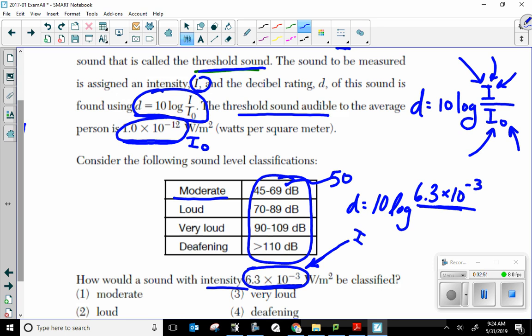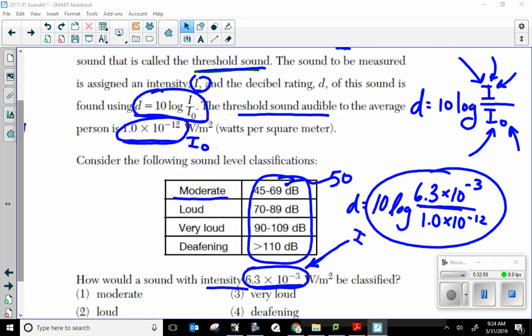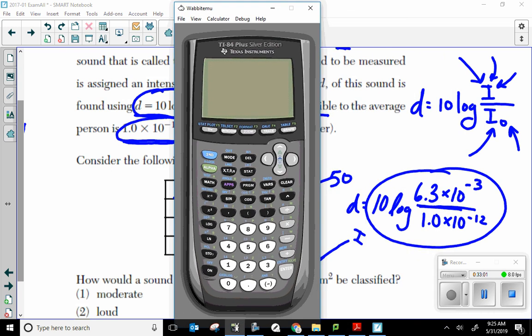At the bottom, it's our I sub O, which is 1.0 times 10 to the negative 12. I am literally going to put this in the calculator and hit enter. If you get past all this mumbo jumbo and words, there we go. It's really a simple problem. You just got to get through all this reading. 10 times the log, and I got a fraction here.